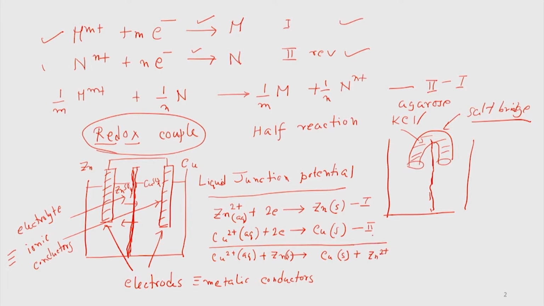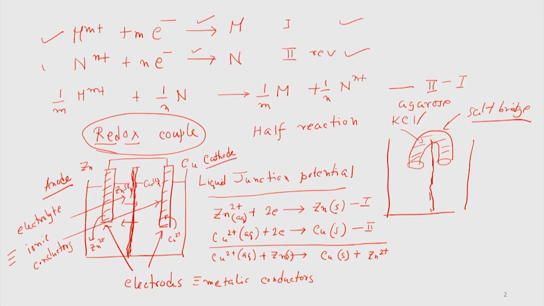So, what is happening here in the net reaction is that zinc from the zinc metal, Zn2+, is coming into solution, and the copper 2+ ions are getting deposited as copper metal. So, here we see that oxidation is happening for zinc. So, this is called the anode, you already know this. Anode means the electrode where oxidation happens, and at copper we see that reduction is happening. So, we call it the cathode.